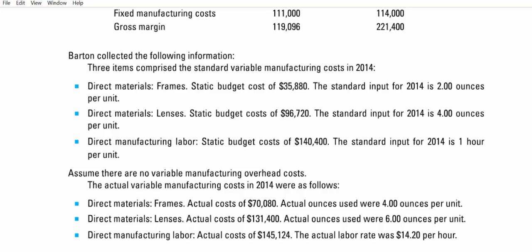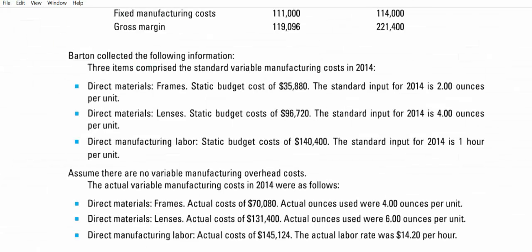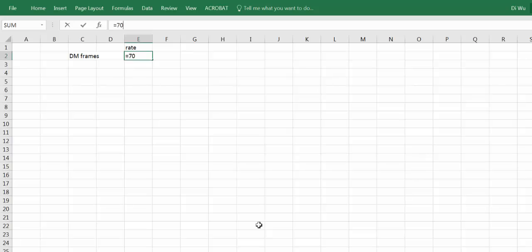That's how you get the rate here. So 70,080 divided by the ounces, so it's a 2.4. You can see that. That's how I find the actual rate.